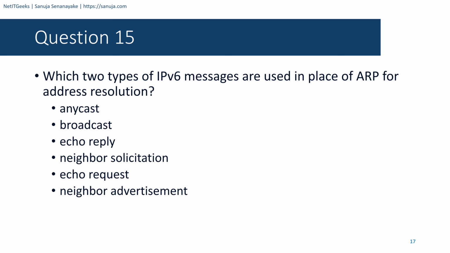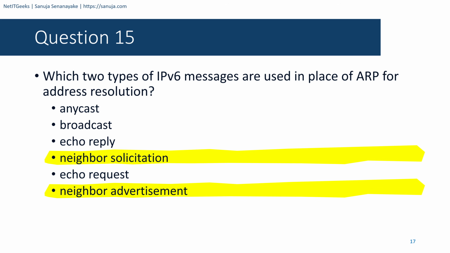So the answer to this question is neighbor solicitation and neighbor advertisement. These are the two things that we use in IPv6 in place of ARP that we found in IPv4. You also need to remember that the neighbor discovery protocol, also known as NDP, has 5 ICMP version 6 packets, not just neighbor solicitation and neighbor advertisement.